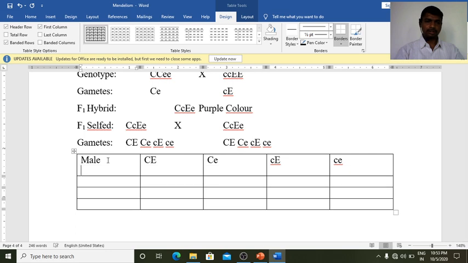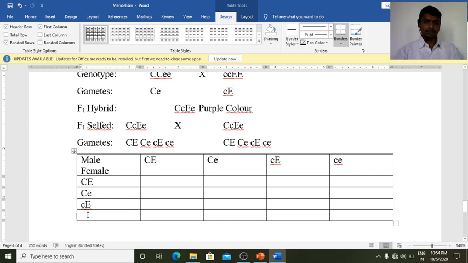Below this, these are the gametes for the female parent, the same gametes. When these gametes are combined, we get the genotype capital CCEE.